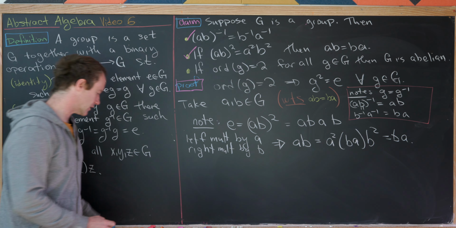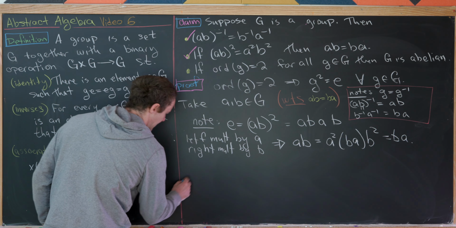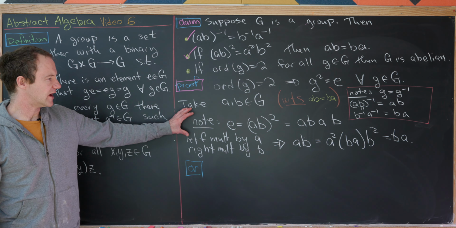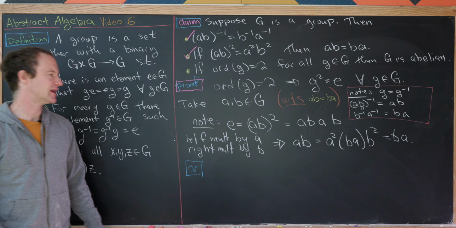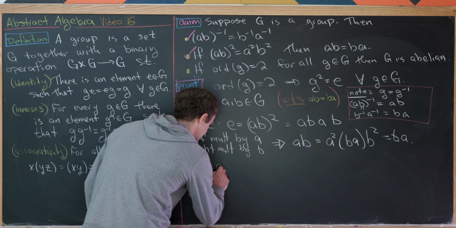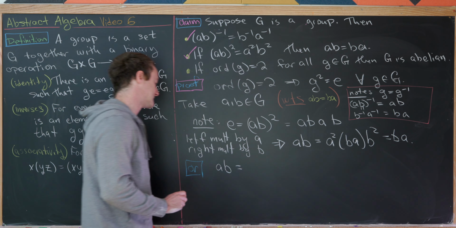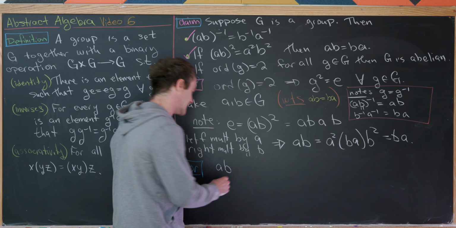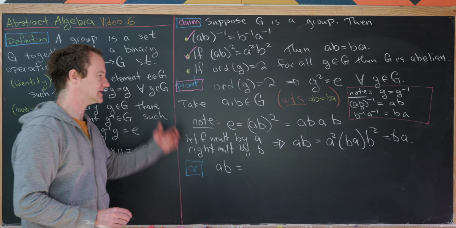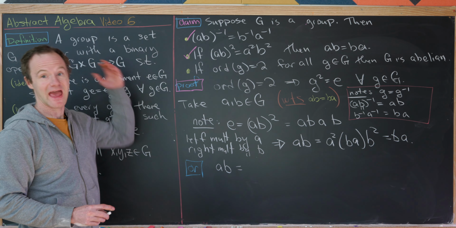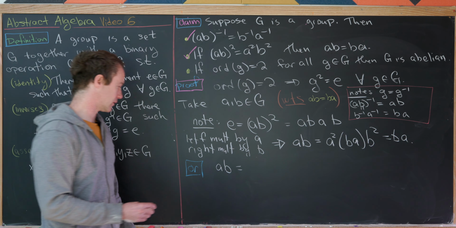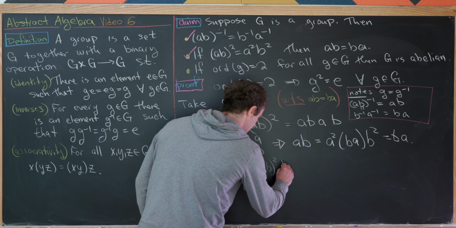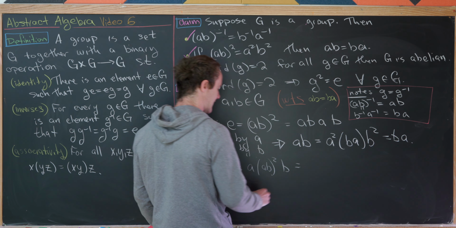Then we could also write this in one string of equations, kind of motivated by what we saw right here. So let's notice that A times B, and now we'll open up the space between A and B and multiply by the identity. But we'll multiply by the identity in the form of AB quantity squared. So in other words, we have A and then AB squared and then B. But now let's expand that out.